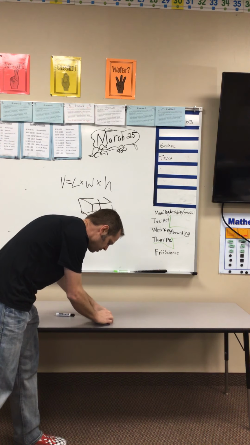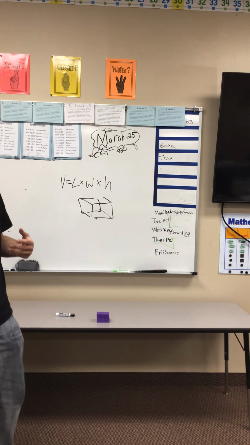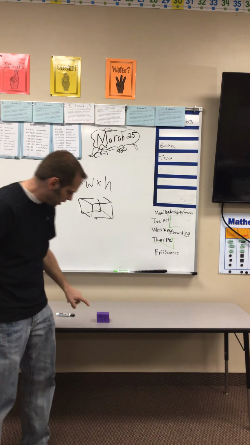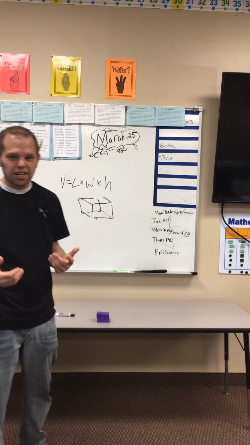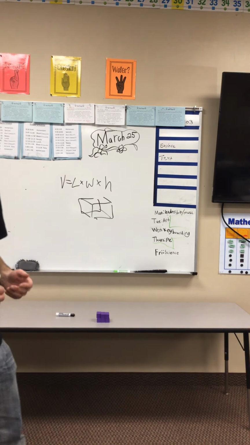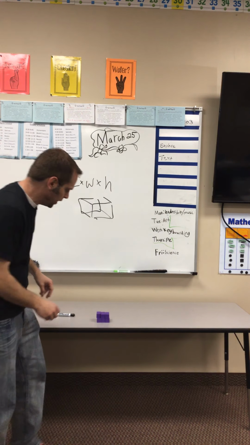Really, the hard part about today is recognizing the total cubes. Kids, they count 1, 2, 3, 4, 5, 6, and then 7, 8. They only count what they can see. Sometimes they forget that there might be cubes behind.